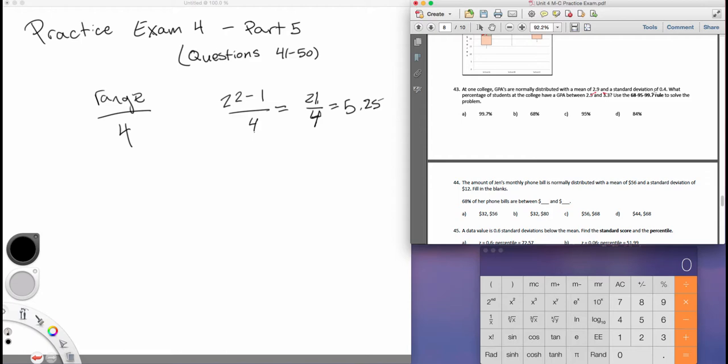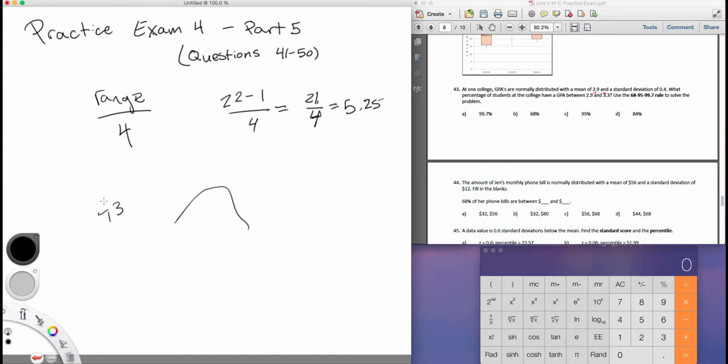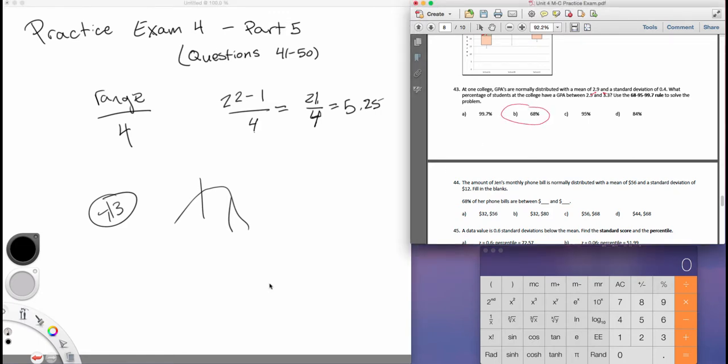So we're going one standard deviation both ways. One standard deviation away is 34% lower and 34% higher. So using the rule of 68, 95, 99.7, we're going to say that this is 68%, because we're one standard deviation away.